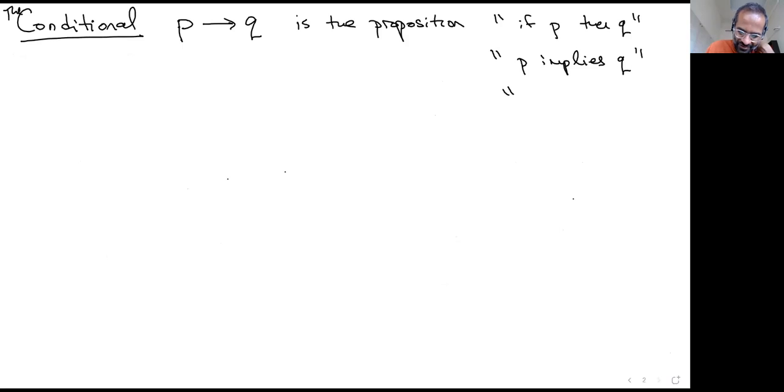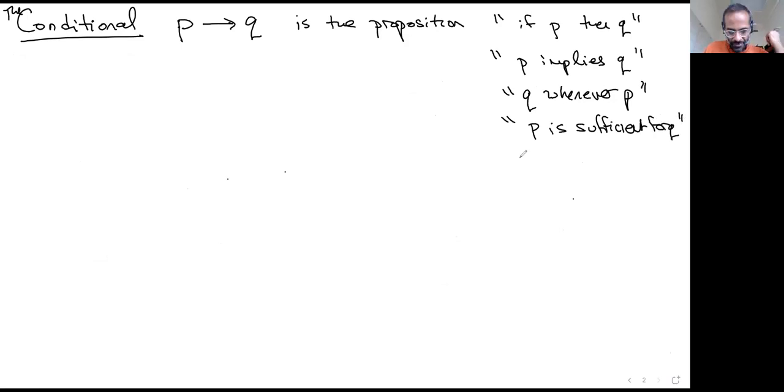Okay, so the conditional is: if P then Q, P implies Q, Q whenever P, P is sufficient for Q. It may not even be completely obvious to you that all of these English statements are the same. So again, to be completely unambiguous, let me just write down its truth table.